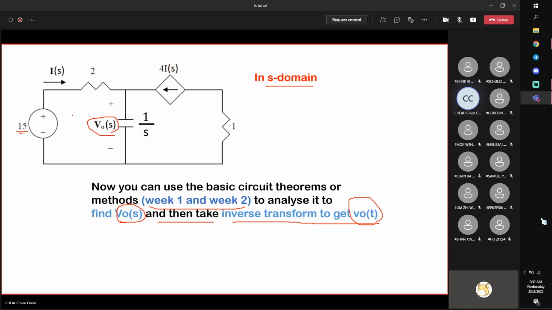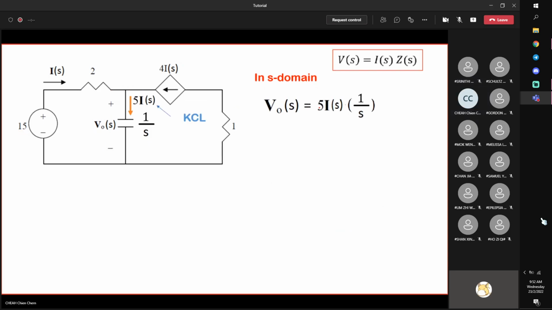For example, over here, this is I(s), and this is 4I(s). Inflow equal to outflow, so therefore this current is 5I(s). I plus 4I gives you 5I. So I'm just putting this as 5I(s) by Kirchhoff's current law.